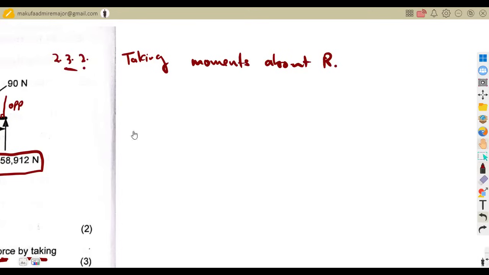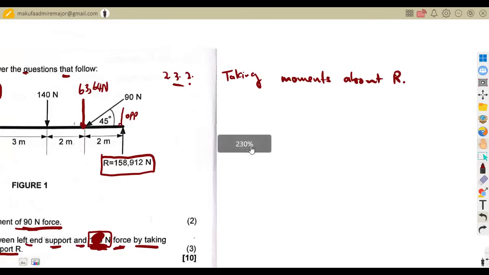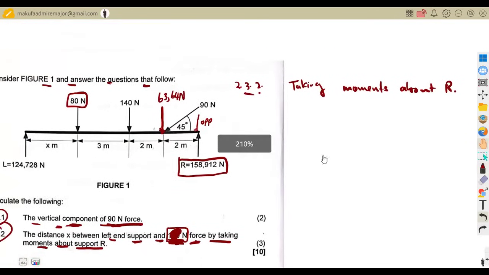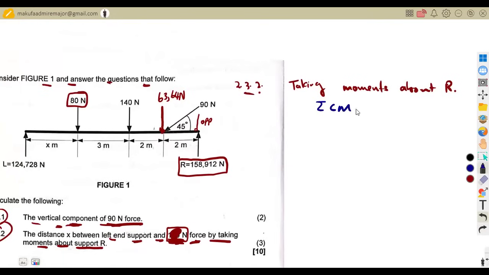Okay, so let's see. By taking our moments, remember we talked about this idea of moments, that the sum of the clockwise moments should be equal to the sum of the anti-clockwise moments. So if we consider R in this case, remember, we're taking moments from this point.